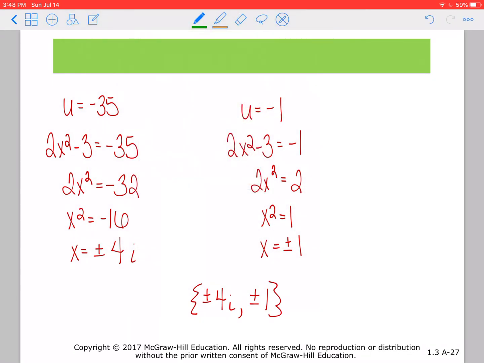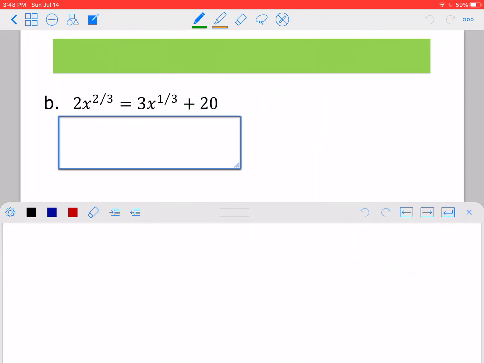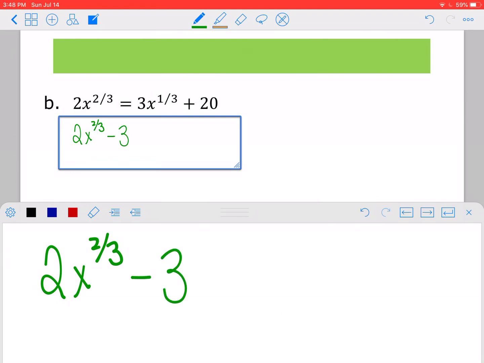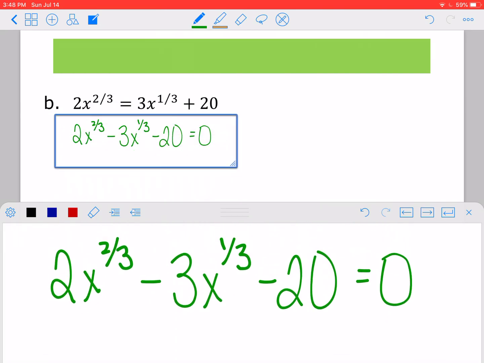And in this case, yes, we've still got a squared and an x and a non-x. So we've got a quadratic here, believe it or not. What we've got is 2 times x to the 1/3, squared. That's the same thing as x to the 2/3, right? Then we have minus 3x to the 1/3.